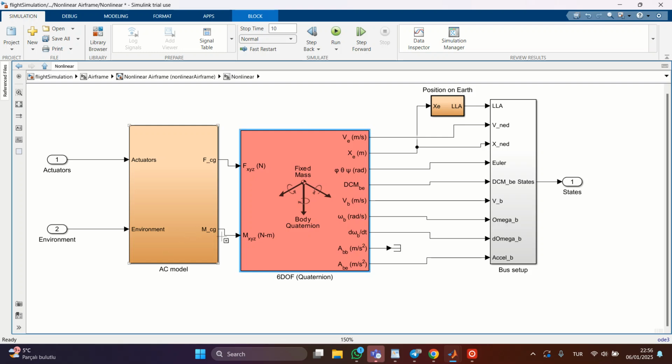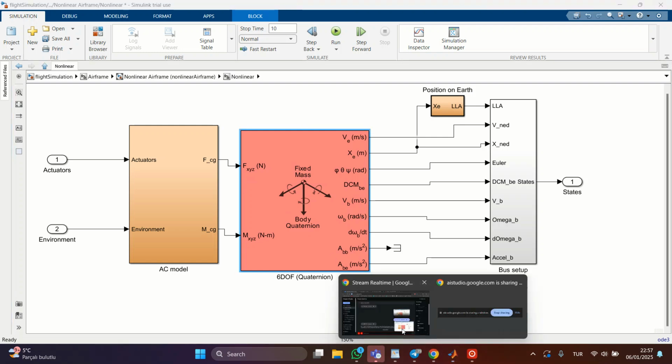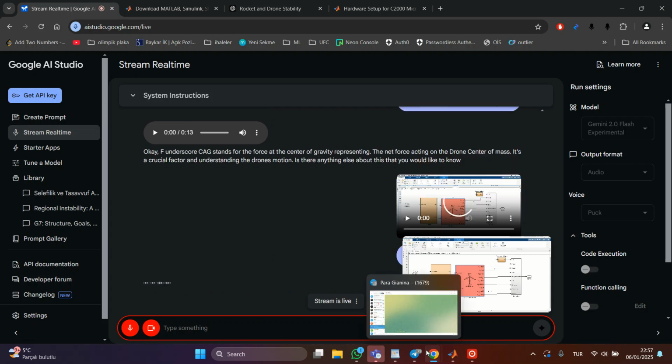What's the M? So the F is, I guess, the input, and the XYZ, I know that is the direction in three-dimensional space, and the N is the input. Is that correct? I'm not sure. Okay, let's break it down.